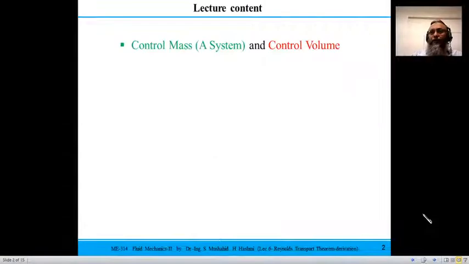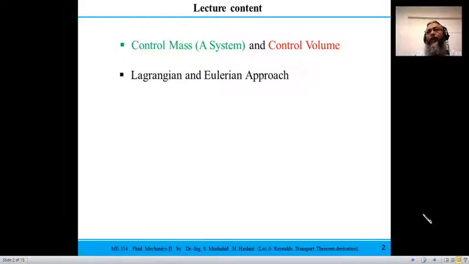Okay, let's go through the content. First, we will talk about closed systems. We call it here control mass, and open system, we call it here control volume. We will look again into the two approaches we already have gone through, Lagrangian and Eulerian approaches, but we will look into the context of control volume. Then we will talk about extensive and intensive properties.